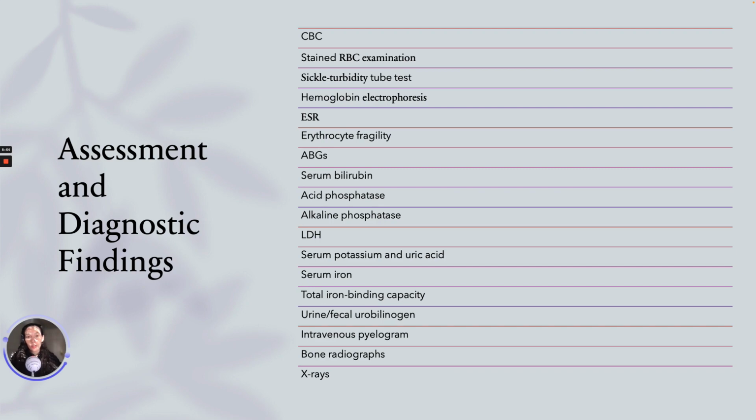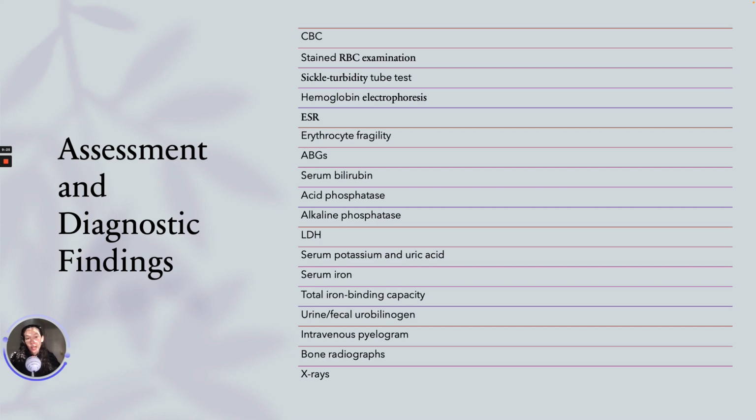We can also look at a stained red blood cell examination, which will show the shape of the blood cells, to see if they're sickled. We can also look at a sickle turbidity tube test, also called a sickledex. This is a routine screening that determines the presence of hemoglobin S, but does not differentiate between sickle cell anemia and the trait.